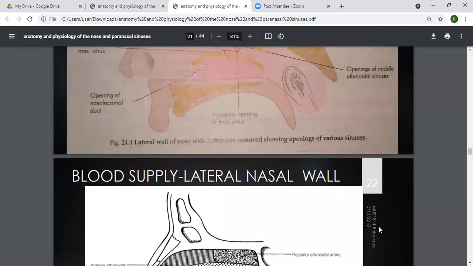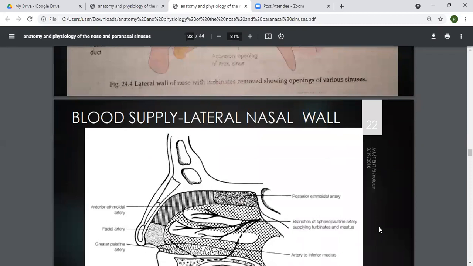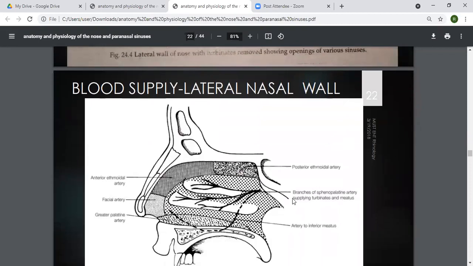So the blood supply to the lateral nasal wall, we have branches of the sphenopalatine artery, which is the terminal branch of the maxillary artery coming in. And then when we were looking at the septum, we saw anterior and posterior ethmoidal arteries.